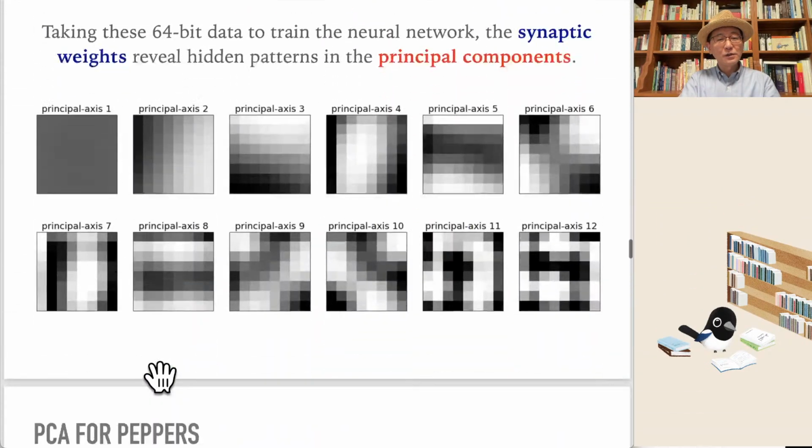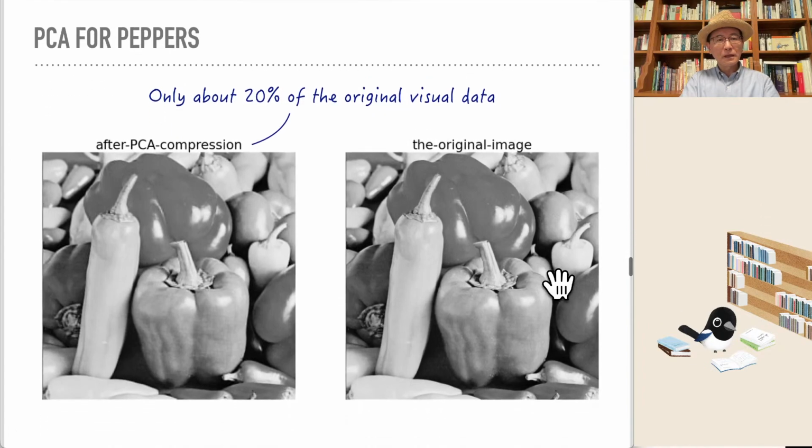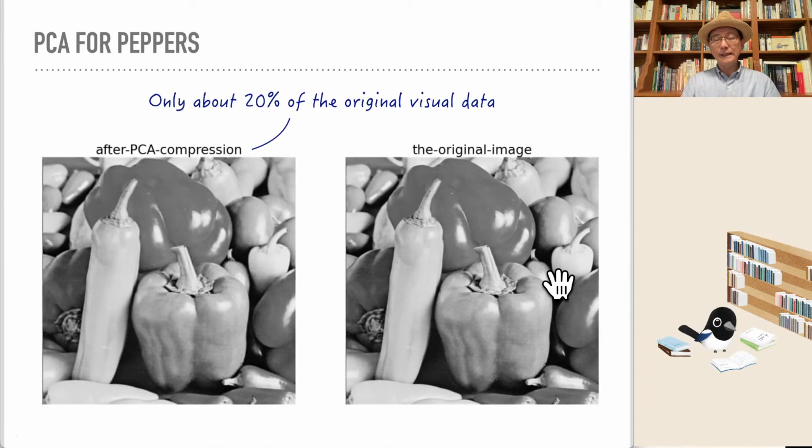And so, inspired by these hierarchies, I'm going to just dump most of the information. For instance, here, after doing the PCA, I know what are the important pieces of information, what are the less important ones, right? So then I only keep 20% of the original visual data, and this is after PCA compression.